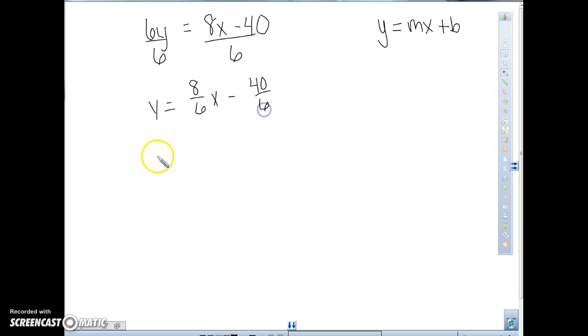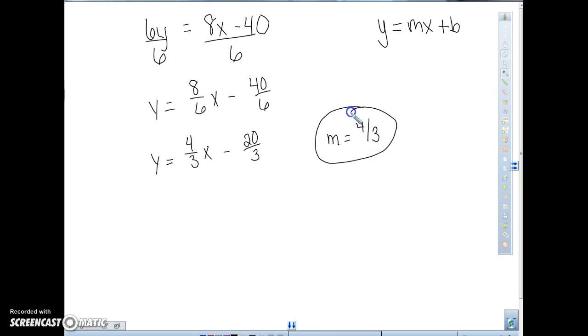And you need to reduce both of those. So 8 over 6, they both reduce by 2. So you have y equals 4/3 x minus 40 over 6 also reduces by 2. So it would become 20/3. So if it's asking you to find your slope, so what is your m? Our m in this case is 4/3.